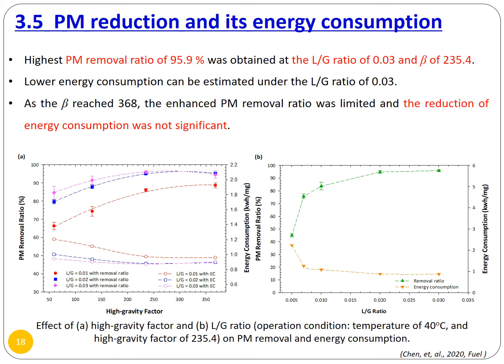We also investigate the PM reduction and the energy consumption. In the left-hand side figure, we can observe that when we increase the high gravity factor, the removal ratio will increase. But we can also balance the energy consumption, because the more particles we can capture, the more we can save system energy use.